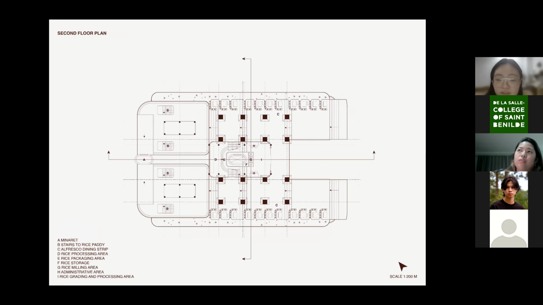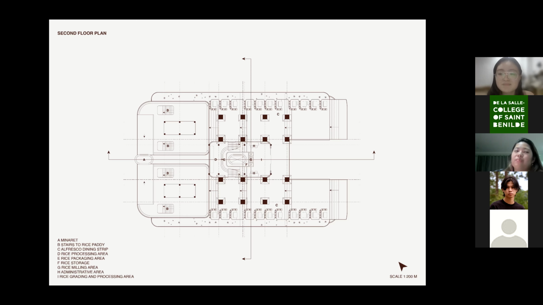And then here in the second floor, after getting your food from the food bank, you could go to the terrace-like steps and then interact with the community in these alfresco dining areas, which also integrate different supplementary plants such as the kamote and the pandan we were mentioning earlier.